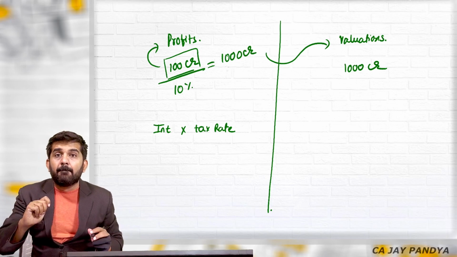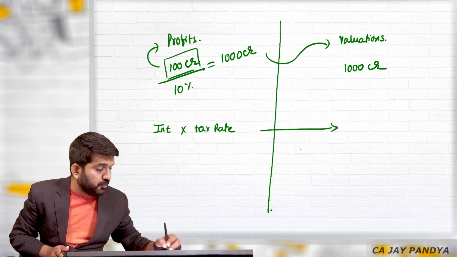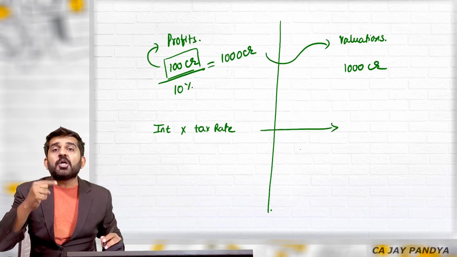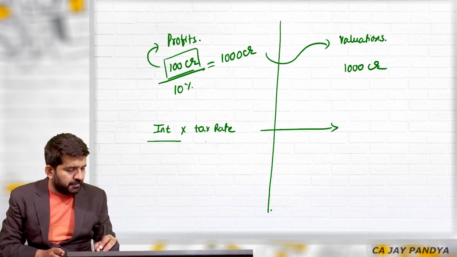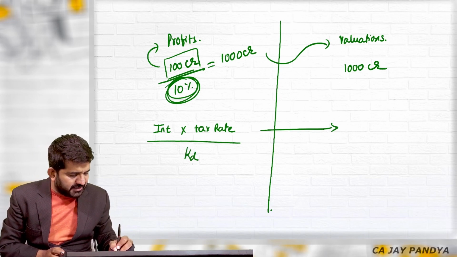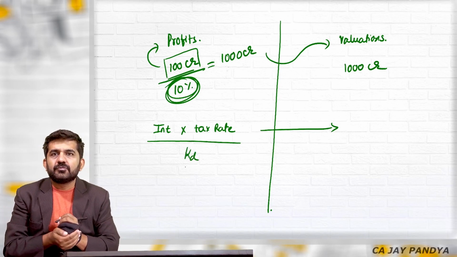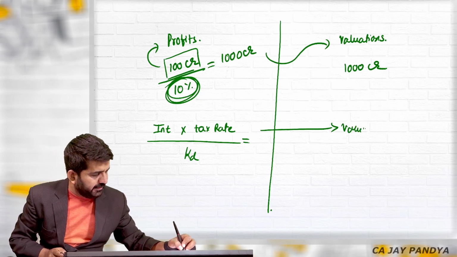But it is a tax benefit per annum. It is not valuation. So what should be done, as you do when valuing debentures? It should be divided by some rate of return, in this case KD. So if you summarize this answer, this will be the valuation, agreed.